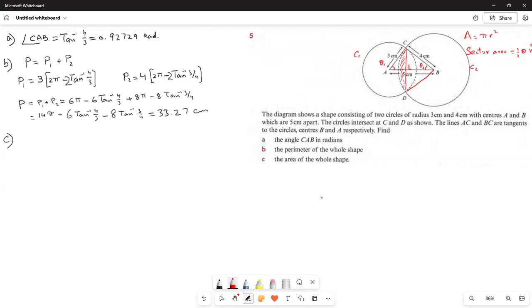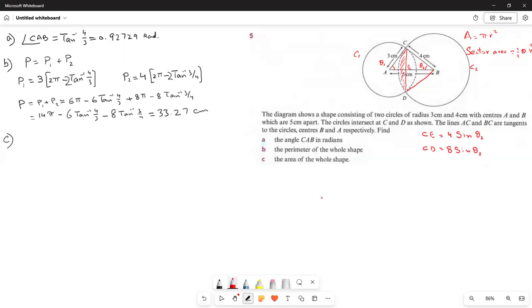So you can see that the CE distance is equal to 4 times sine of theta 2, right? I hope this is clear. In the same way, the CD distance is twice this one, so it is 8 sine of theta 2.